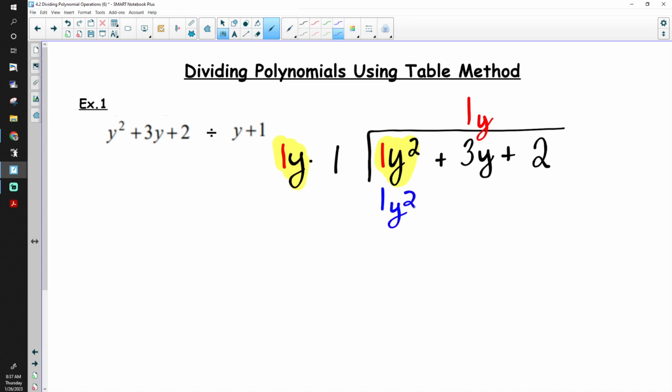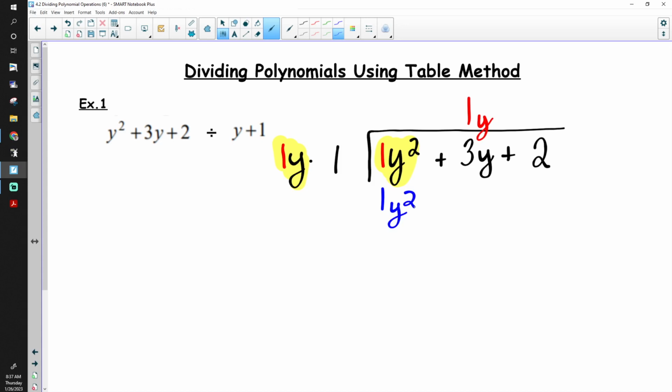Okay, and this is what we want to happen. These first terms always need to cancel out. If they're not canceling out, or not exactly the same, then you picked the wrong term for the top.